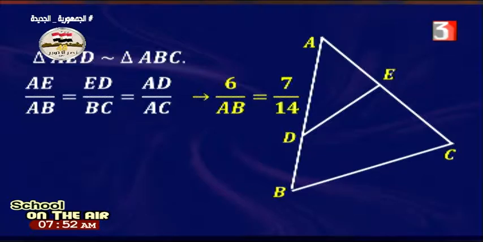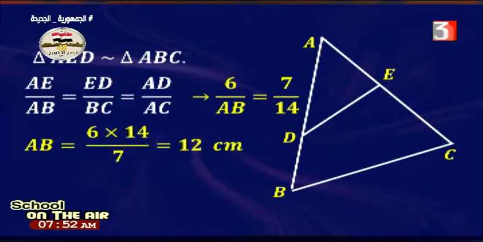By making cross multiplication, you are going to find that AB equals 6 times 14 over 7 to give a length as 12 centimeters. Now the length of AB equals 12 centimeters.